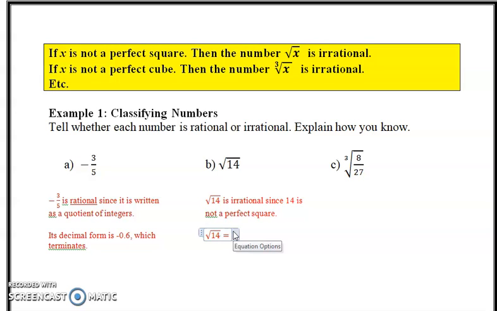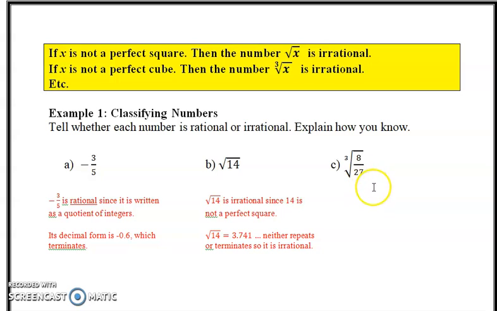You take the square root of 14 on your calculator, and when you do, you get 3.741 and so on. So it neither repeats or terminates, so it is irrational. So there are two ways to show whether a number is rational or irrational, and there's our explanation after the two.